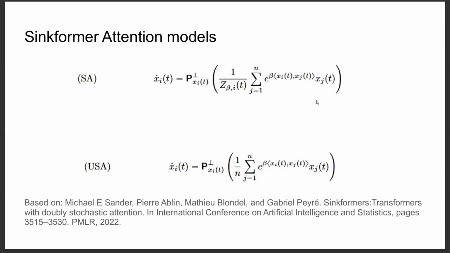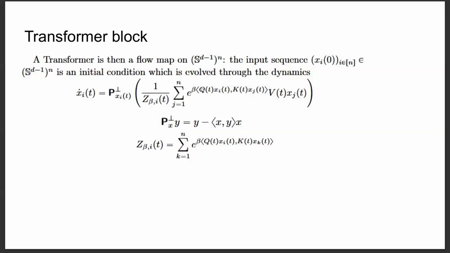I have a question about the P orthogonal. You project that resulting vector into the space orthogonal to x_i, is that the idea? Yes. This is the tangent space of your sphere. So you're just allowing rotations of x, right? You want x to remain normalized.